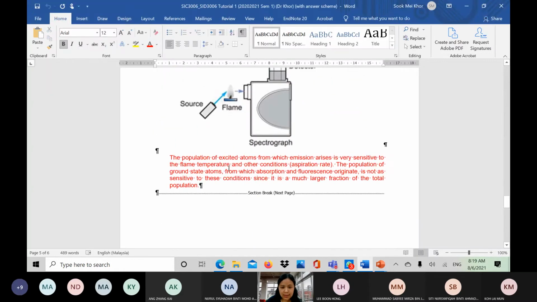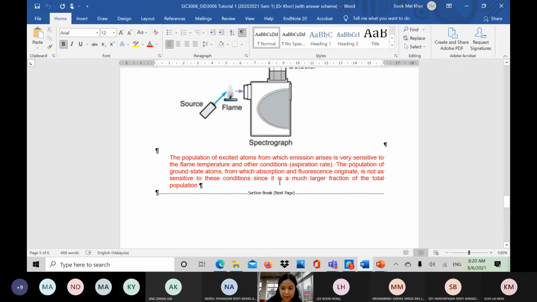Right, so this is the given model answer. The population of the excited atoms from which the emission arises. Emission arises means how to get the emission line, the emission intensity. First thing is you must get the atoms, meaning the sample is already atomized, and to get excited is very sensitive to the flame temperature.